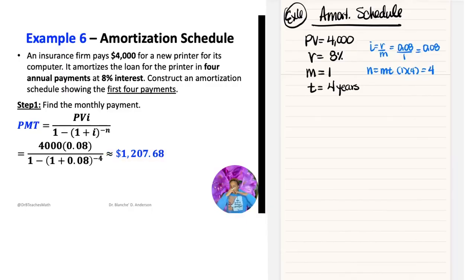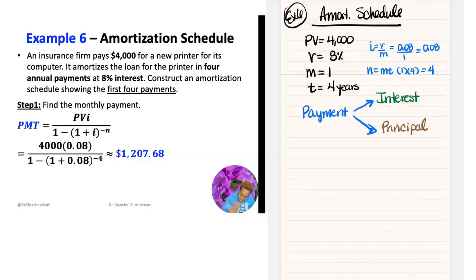So now when you fill out the amortization schedule, you want to show, okay, here's my payment. So you're going to have your payment. I'll do this in blue, right? And then you're going to show how much of the payment went to interest. And then you're going to show how much of the payment went to the principal.